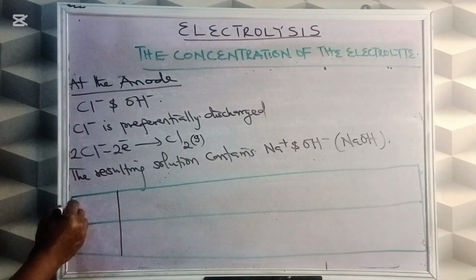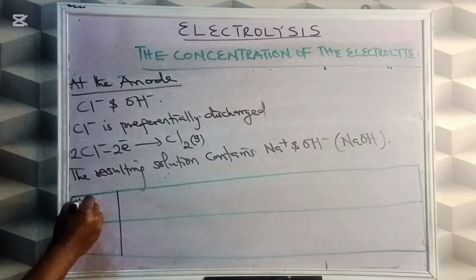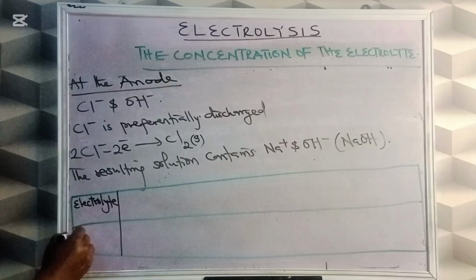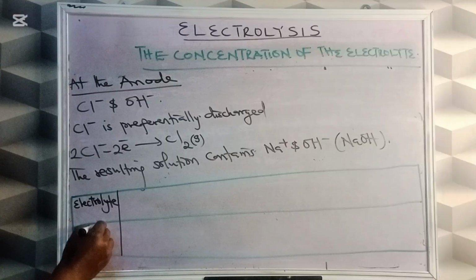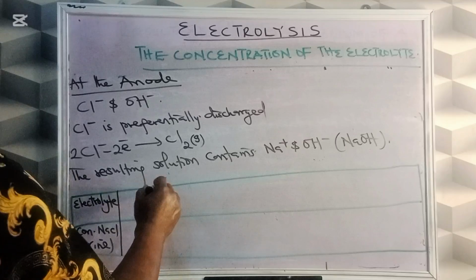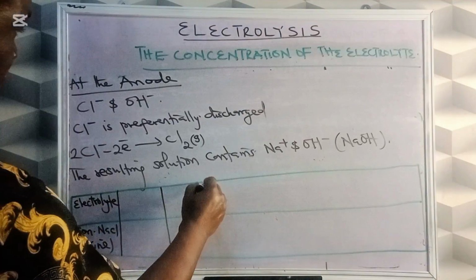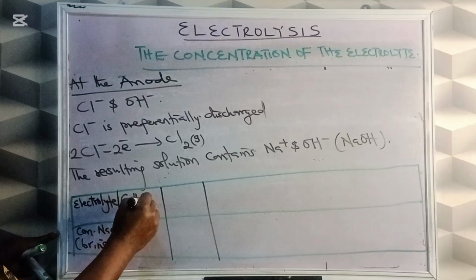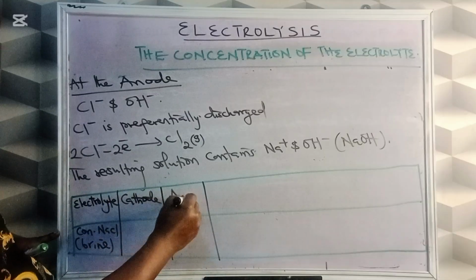Here we have electrolyte. Electrolyte is there, meaning concentrated sodium chloride, known as brine. That is what we use. So here, what is the cathode and what is the anode?